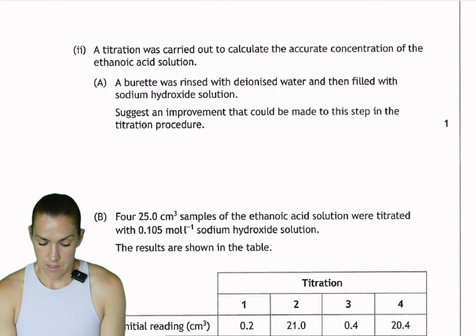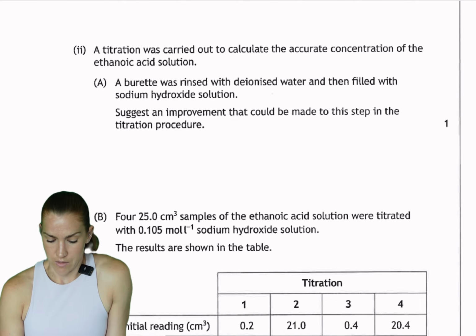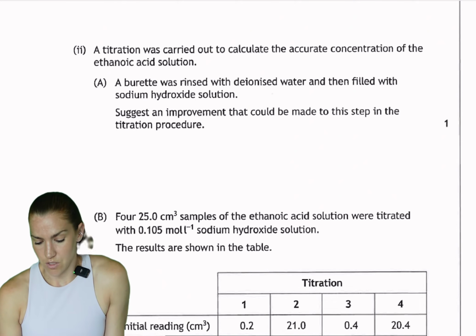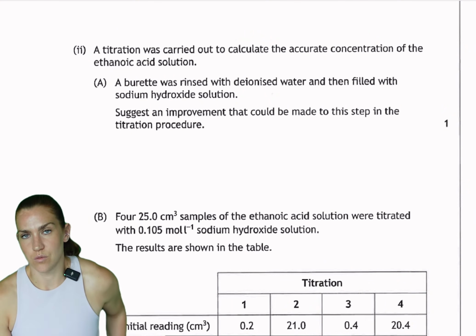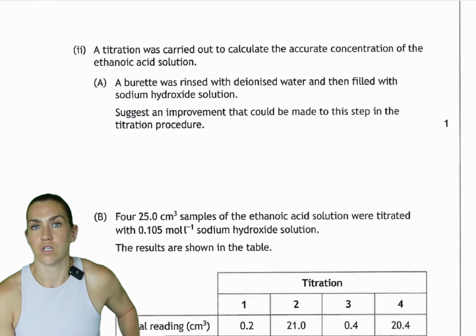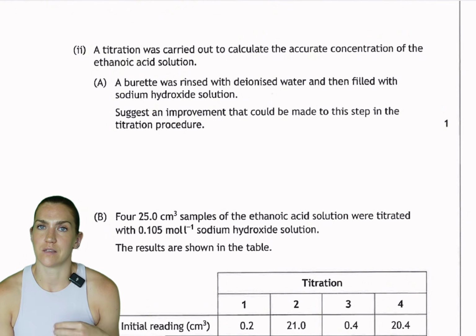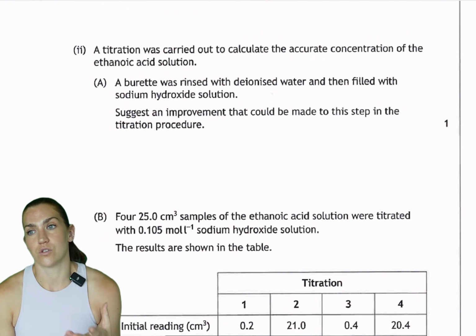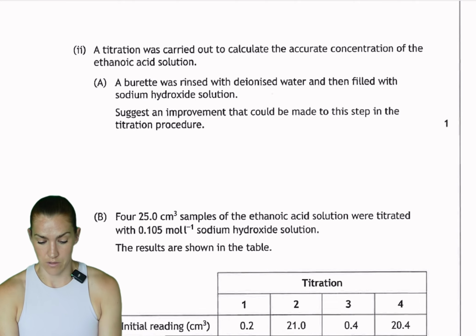So then a titration was carried out to calculate the accurate concentration of ethanoic acid solution. The burette was rinsed with deionized water and then filled with sodium hydroxide solution. Suggest an improvement that can be made to this step in the titration procedure. So we really don't want to rinse our burettes or our pipettes with water and then add the chemical straight in, because there could be residue of water left in the apparatus and that could dilute our solutions, which is not good if we're doing volumetric analysis, because we want our concentrations to be accurate.